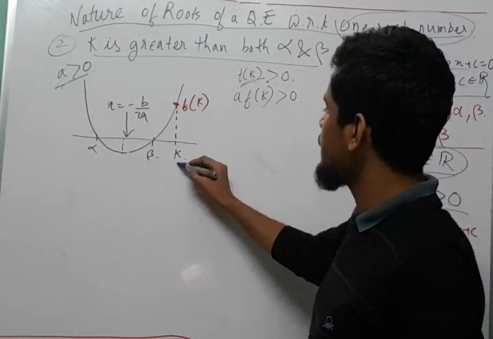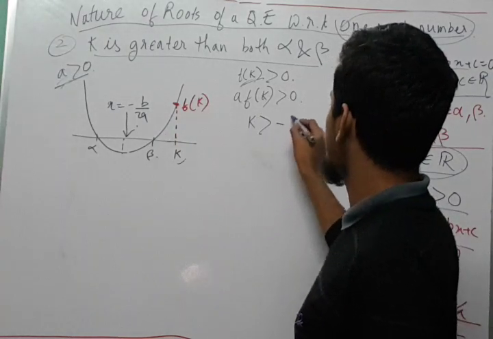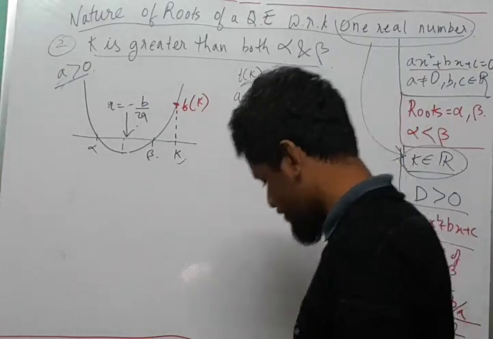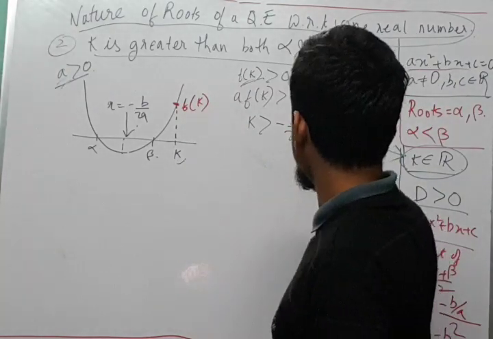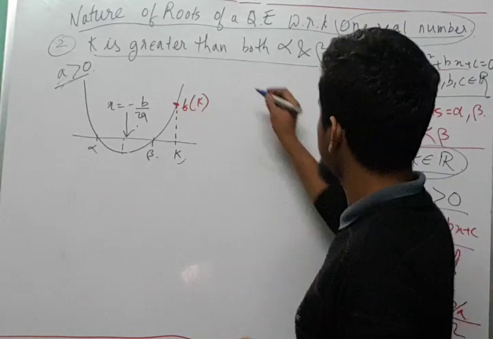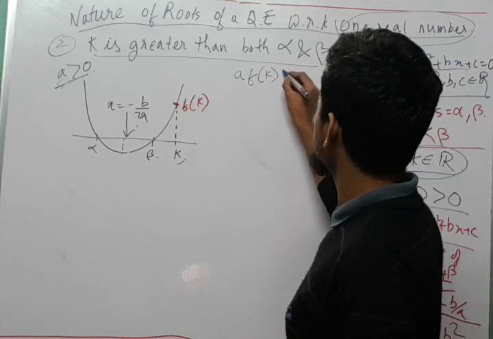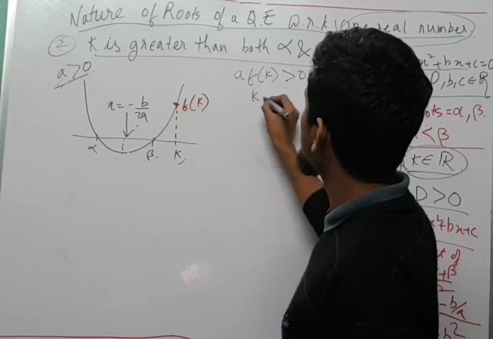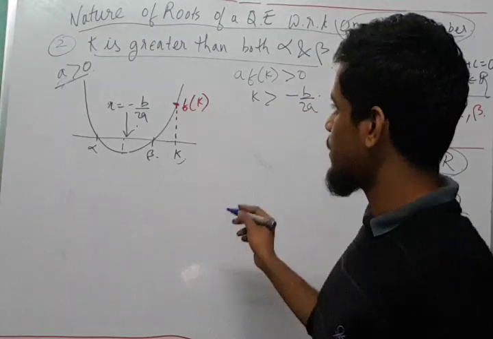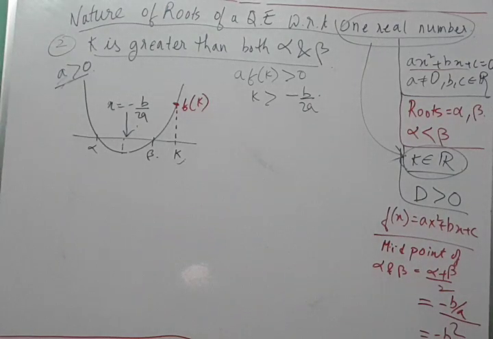And the second condition, we'll see that k is greater than minus b by twice a. So basically the conditions that we finally end up with, let me write it down over here, is that a into f of k is greater than 0 and k is greater than minus b by twice a. Okay, so this is the condition that we are finally ending up with.